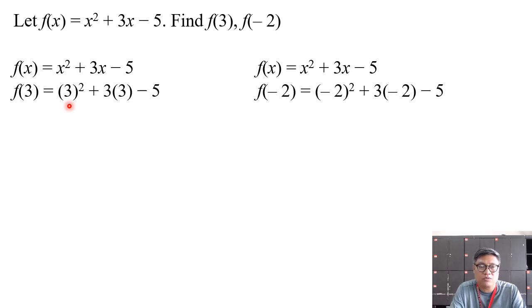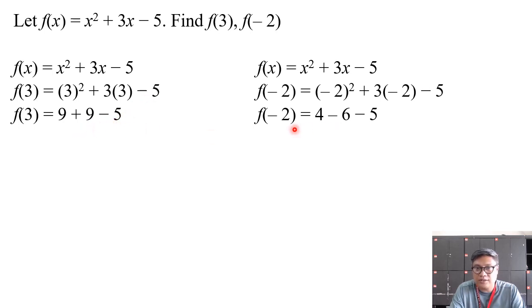So for the first one, we have the quantity 3 squared plus 3 times 3 minus 5. And for the other one, if x is negative 2 as the input, then we have the quantity negative 2 squared plus 3 times negative 2 minus 5. Then simplify. So 3 squared is 9, 3 times 3 is 9, then minus 5.